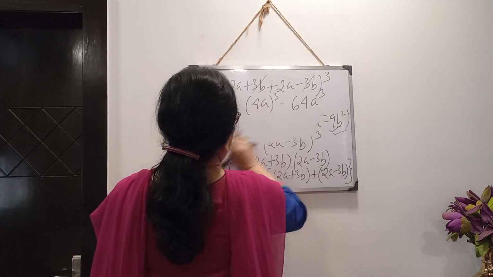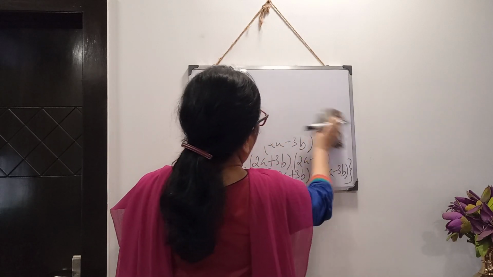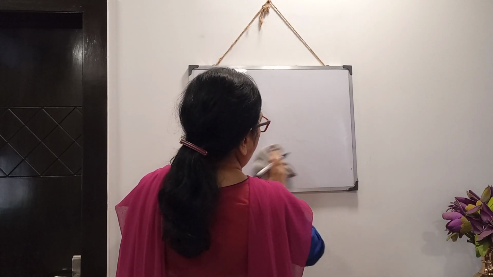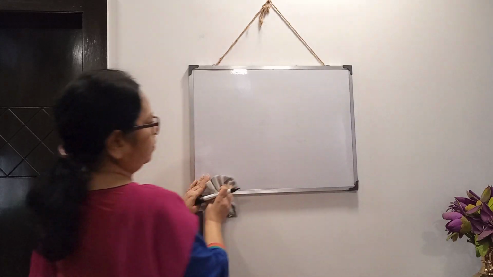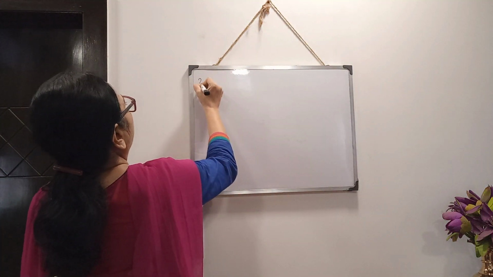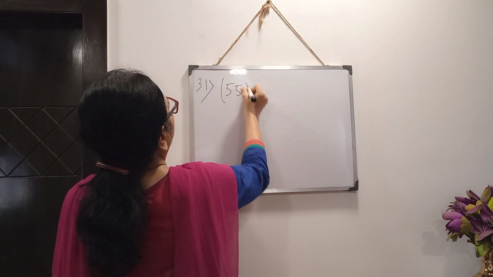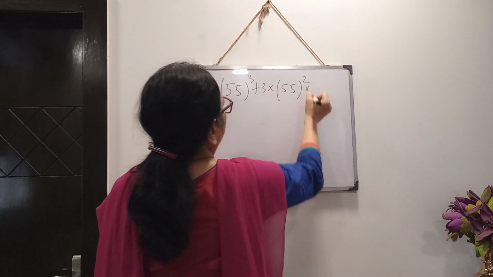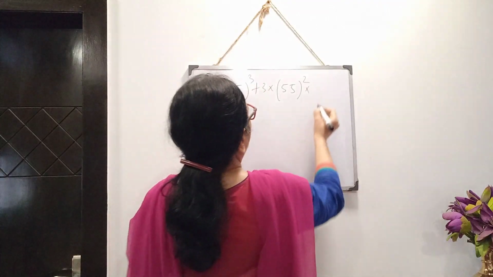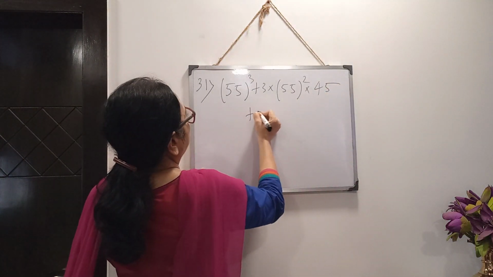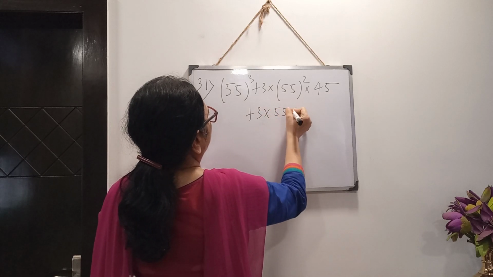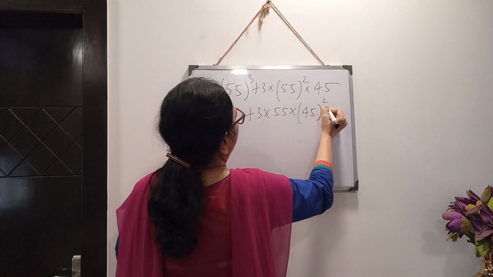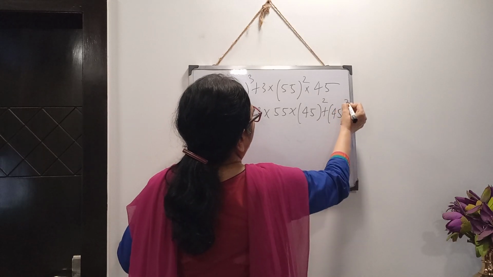Find the value of this. This was from the simplification part. Now find the value. I am showing you number 31: 55 whole cube plus 3 into 45 plus 3 into... This is given.